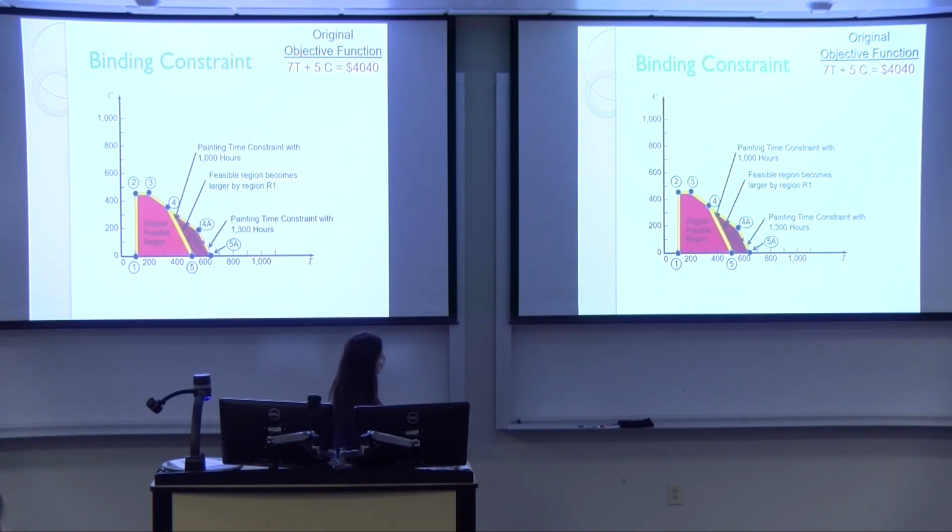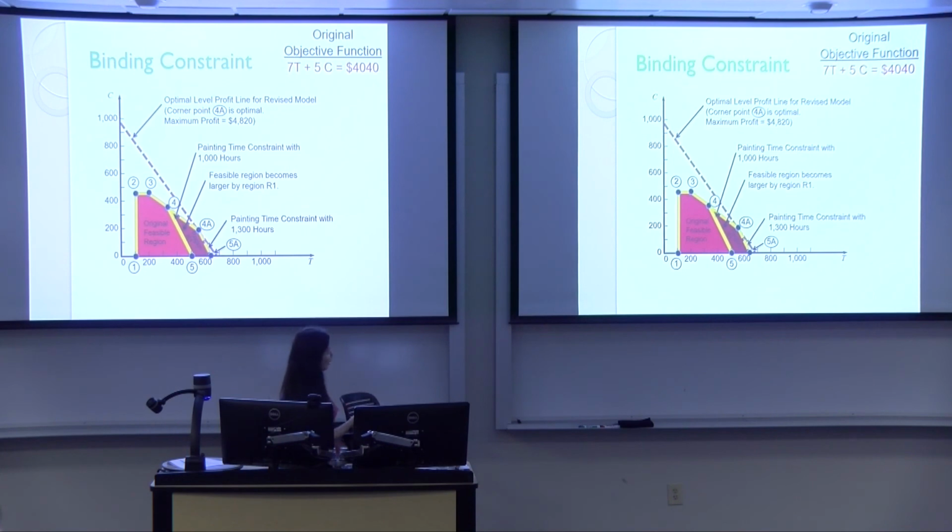Now you increase the painting time to 1,300 hours, and the new optimal solution is 4A. 4A becomes your new optimal solution, and your profit becomes $4,820. It means that when you increase the available painting hours, your profit changes. So T is 560, C is equal to 180.